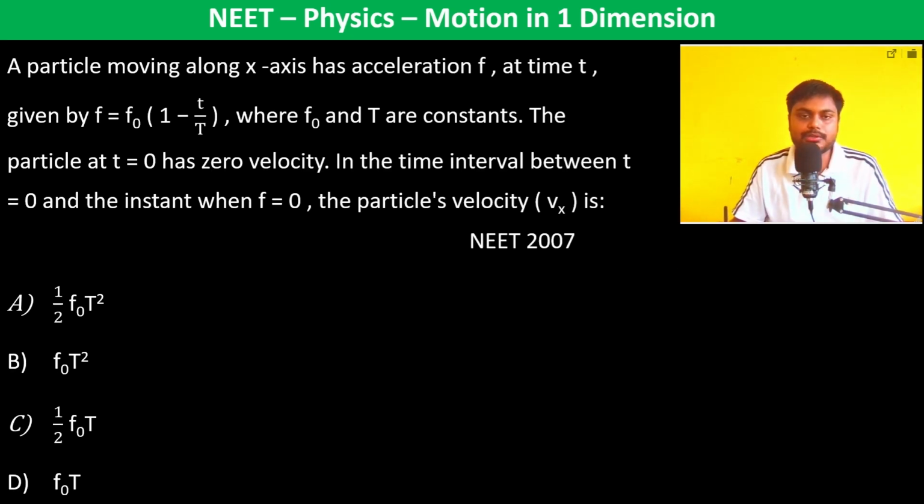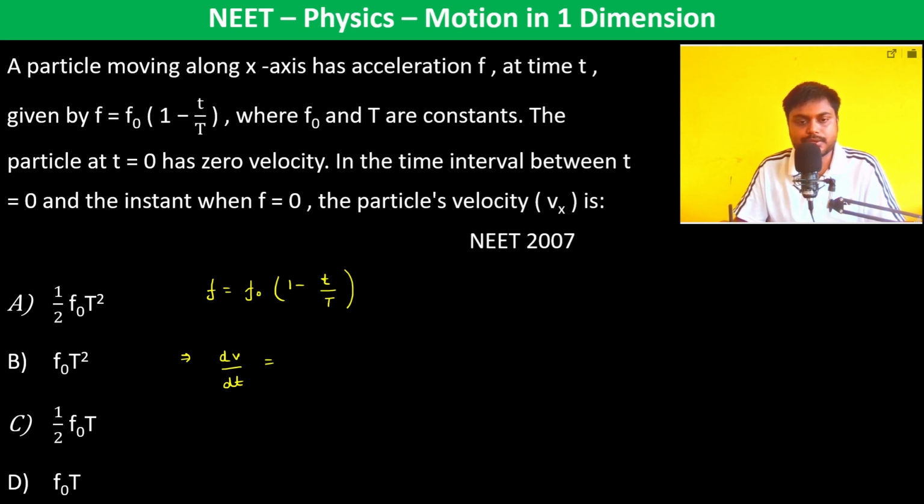A particle moving along the x-axis has acceleration f at time t given by f equal to f naught (1 minus t by T), where f naught and T are constants. The particle at t equals 0 has 0 velocity. The time interval between t equals 0 and the instant when f equals 0, the particle's velocity vx is... So this is acceleration, and acceleration is dv upon dt.